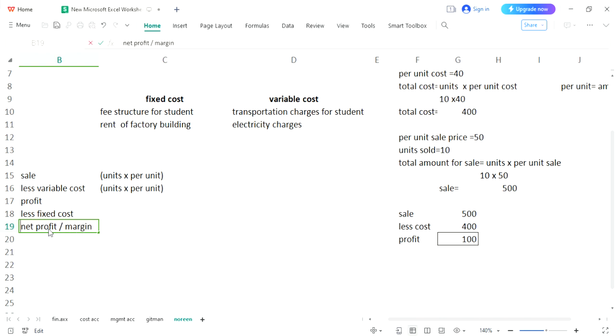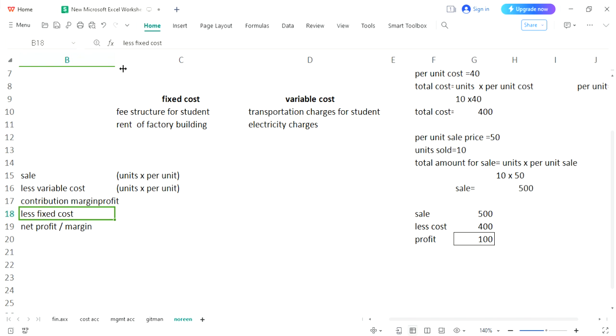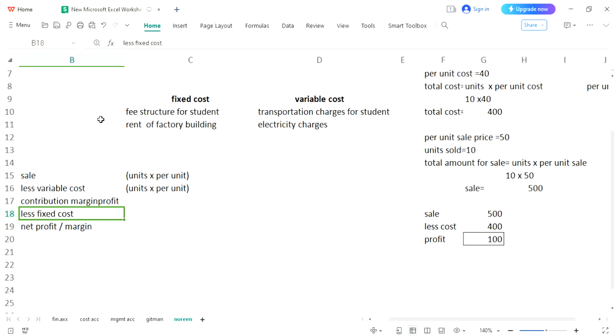We are just increasing a few vocabulary words. The profit which you calculated after subtracting variable cost from sales, we are changing its name, and you will now call it contribution margin. Though it is profit, you will change its name. Still it's your profit, but you have changed its name.